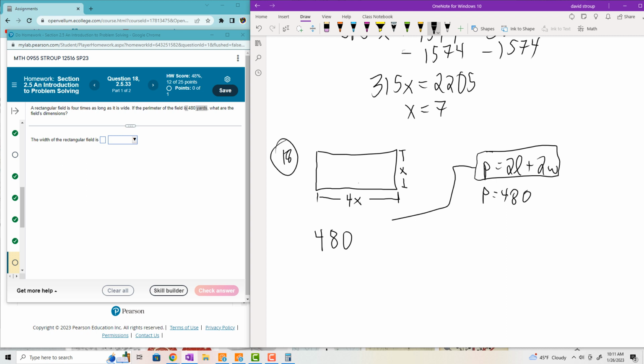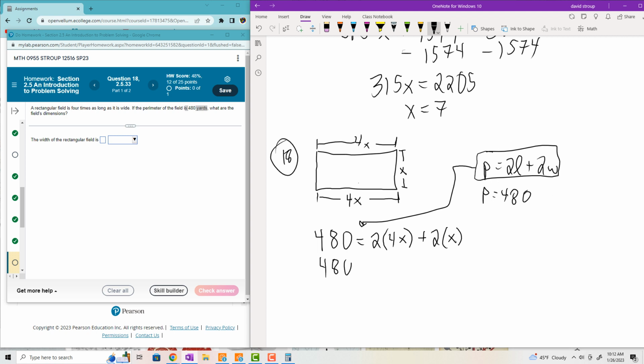Okay, so I'm using this equation. Equals 2 times the length. Okay, so the length, there's two lengths here, right? There's that 4x and this 4x. We just want to put 4x here for length. And then plus the width, so 2 times the width, which is x. And then that's your equation.